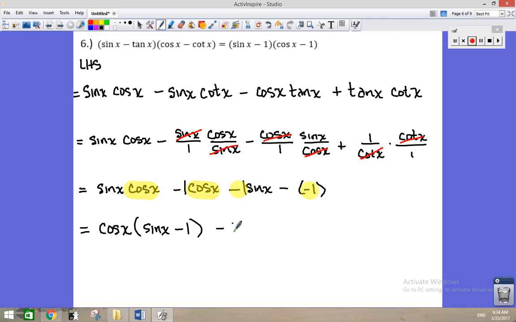If I factor out that negative 1, what I have left in this term is the sine of x. And what I have left over here is just the 1. Okay, so now I have sine of x minus 1 and sine of x minus 1.